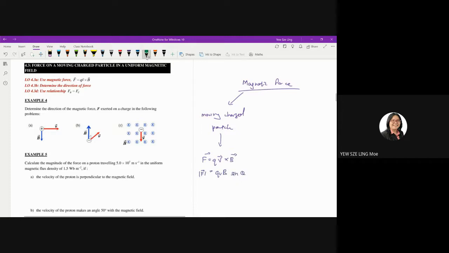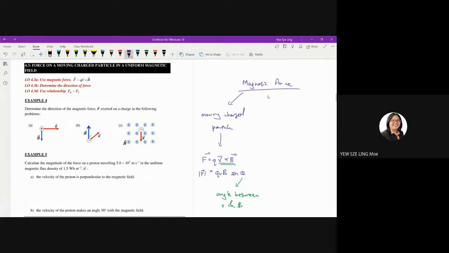This angle is the angle between V and B, as the original equation V cross B tells you.